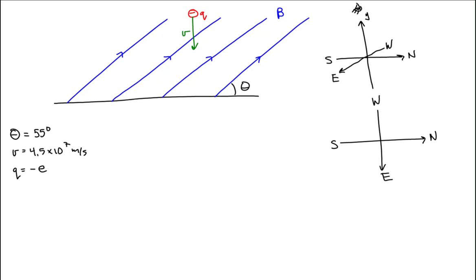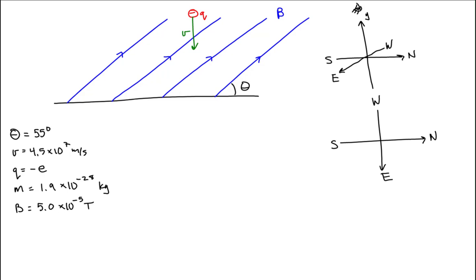We're further told that the muon has a mass, and the mass of this muon is equal to 1.9 times 10 to the minus 28 kilograms. And we're told that the magnitude of the magnetic field is 5.0 times 10 to the minus 5 teslas.